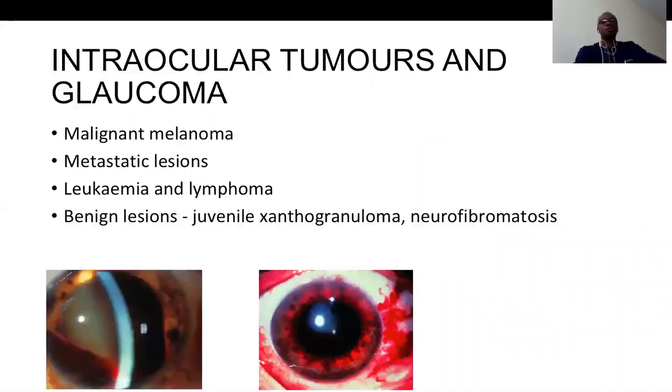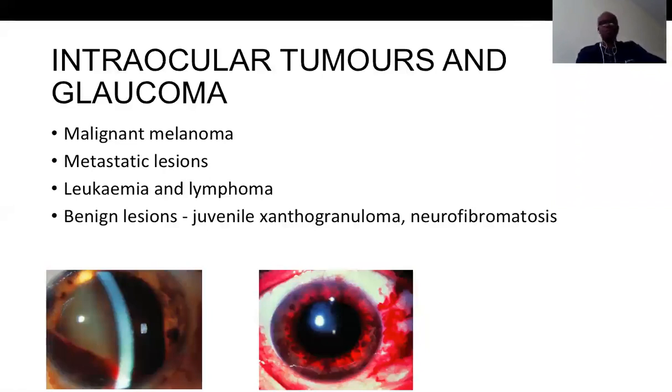Another group of secondary open-angle glaucoma is those occurring in relation to intraocular tumors. Among them, you have examples depicted in these two pictures. The first one is a patient having glaucoma in iris melanoma.